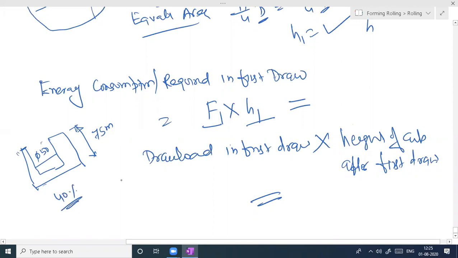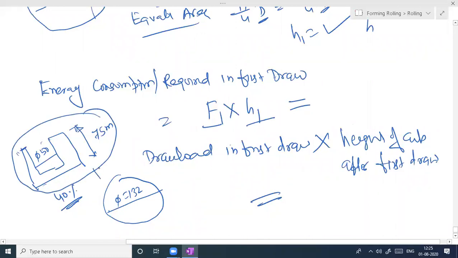So first we got the blank. Please understand, concentrate. With this information, we estimated the blank. Now in the first draw, we got D1 equal to how much? 79.4.